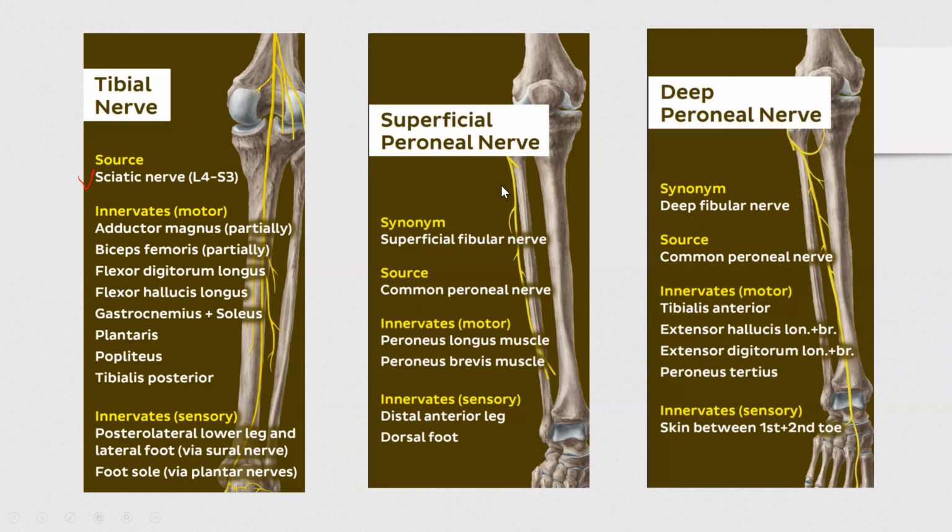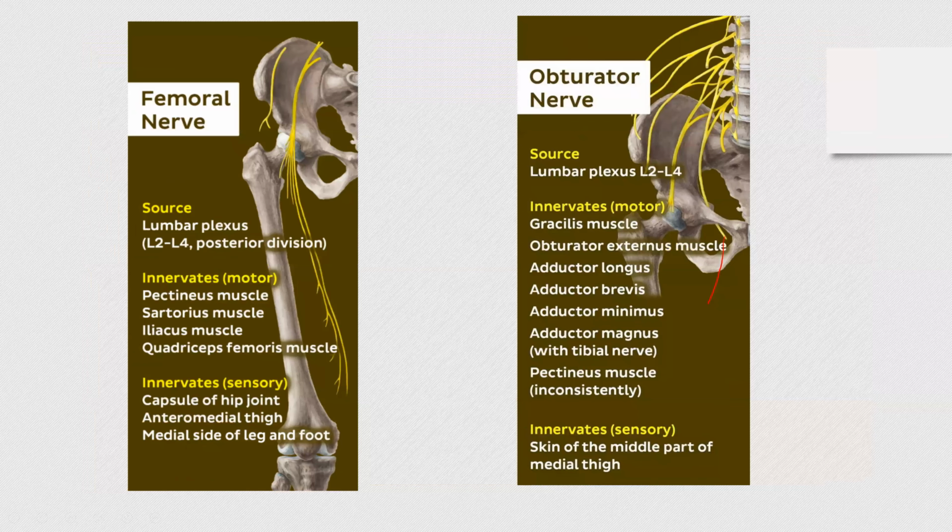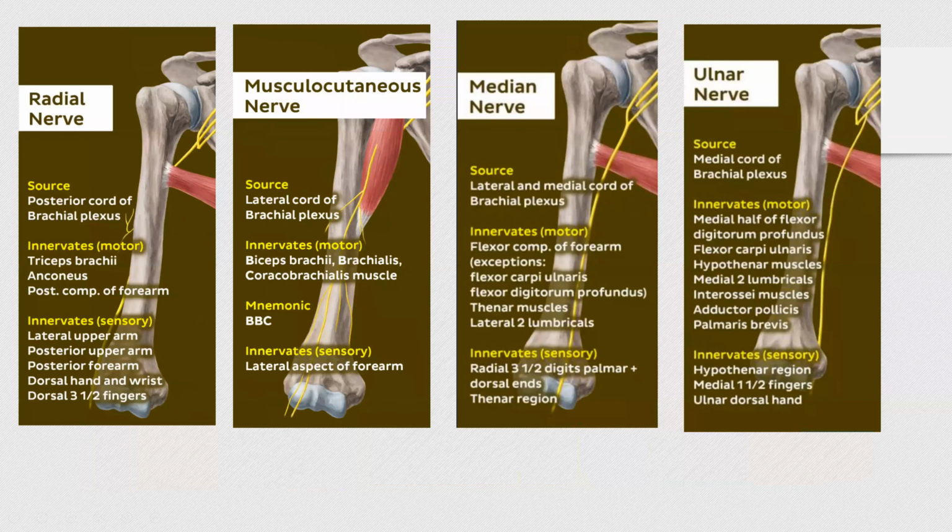And then the fibular is divided into superficial and deep. The superficial fibular is going to innervate the lateral compartment of the leg, and the deep fibular is going to move to the front and innervate the anterior compartment of the leg. Okay, so let's make one more review.